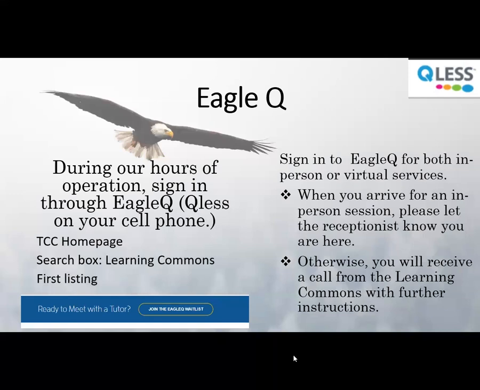All right, now that Jonathan has told you a little bit about the building and the hours, I want to tell you about the different ways you can receive help. You can come in to the building and get face-to-face help, use the resources and just study here, or you can get a Zoom session from one of the tutors also. You sign in the same way for either one. So if you go to the main TCC homepage and then the search box, just type in Learning Commons, and it will be the first listing that pops up.